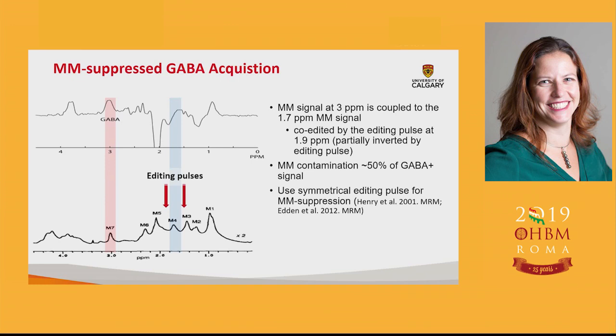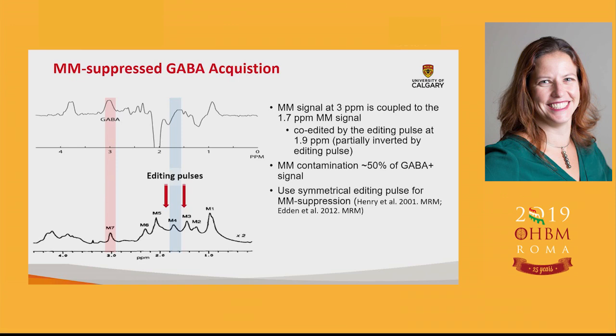One of the other options is to try and remove that signal by performing what's called the suppressed GABA acquisition. We typically have this interleaved sequence where we apply that editing pulse, we don't apply that editing pulse, and we take the difference, and that difference gives us our GABA peak at 3 ppm. The alternative is to apply more specific editing pulses, so an editing pulse of a longer duration, so it's more specific around that 1.9 ppm peak.